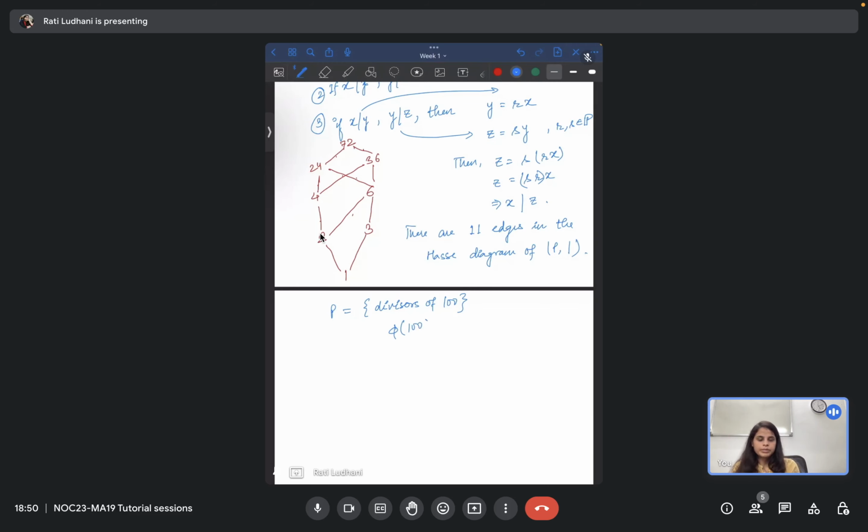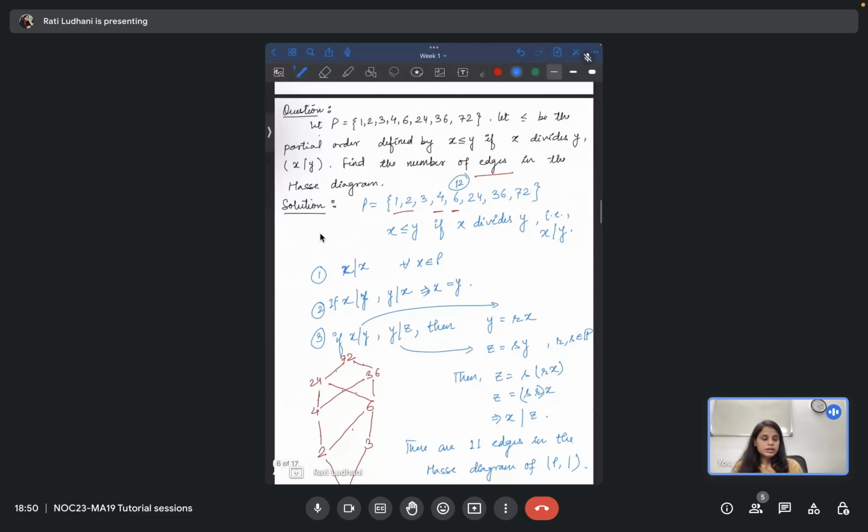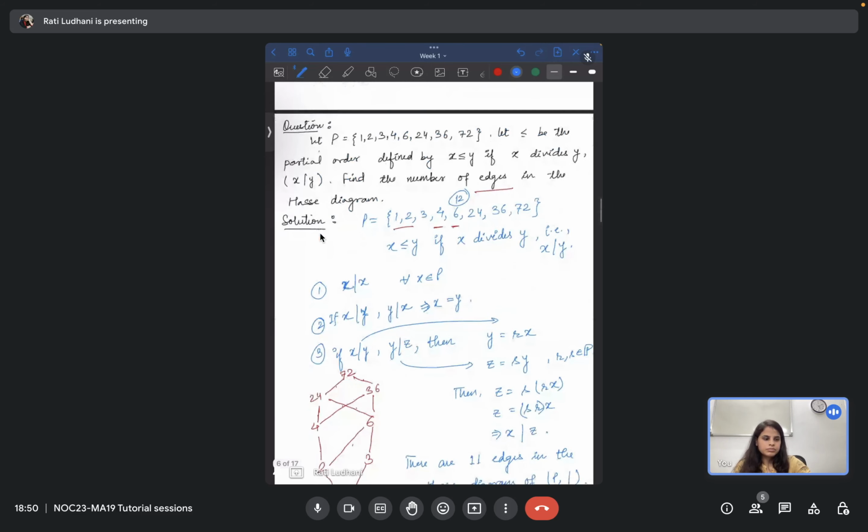So in that case, maybe you can count using a formula directly. But in this question, 12 was not here, so you have to figure out what exactly the problems are. For fixed things like the divisors of 100, you can definitely get a formula to count the edges. But for a random poset, you might need to calculate precisely.